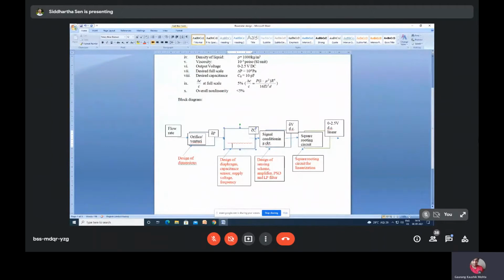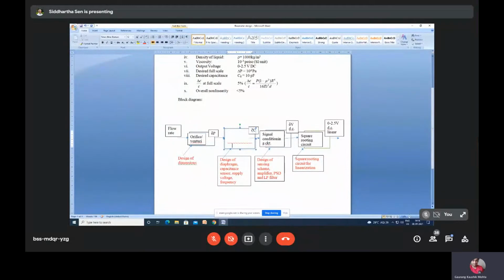It could be a differential capacitance amplifier, or several things. What we require is an AC voltage. For the capacitive sensor, the best way is the AC voltage, but if you want, you can employ some DC with the proper arrangement.